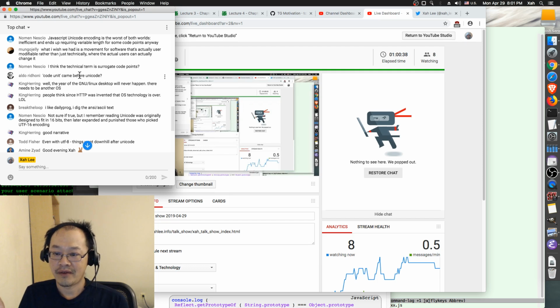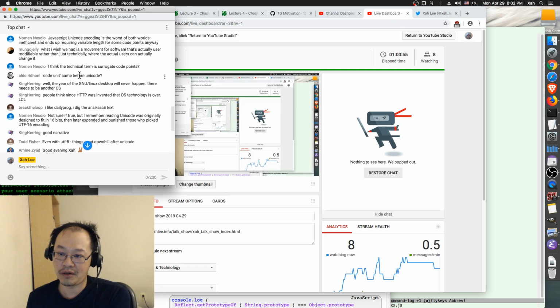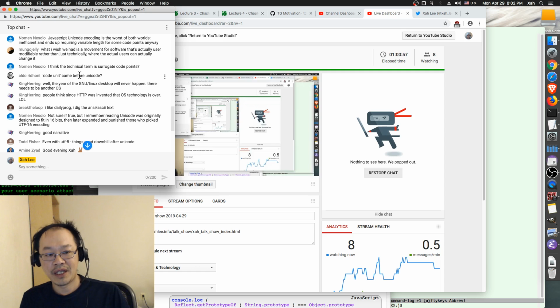First of all, you have Unicode, the Unicode Consortium, which is a nonprofit. They started the concept of Unicode so that we can have all the world's languages, Chinese, Japanese, English, French, all in one standardized encoding.